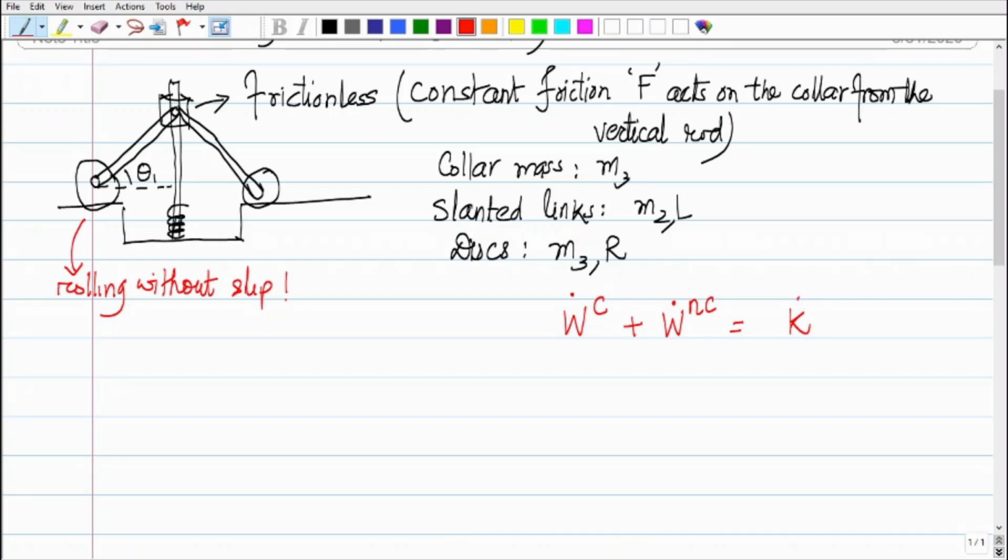right? So what is external to the system here? So if we say that two disks, two links and collar, these are our system. This constitutes the system.